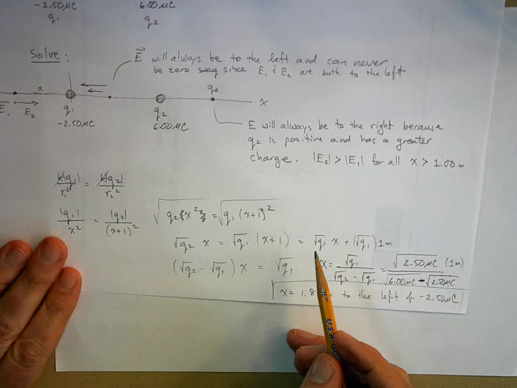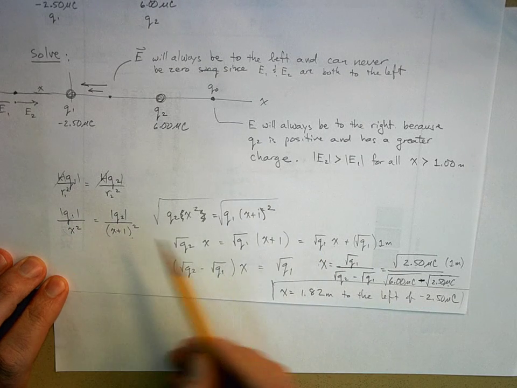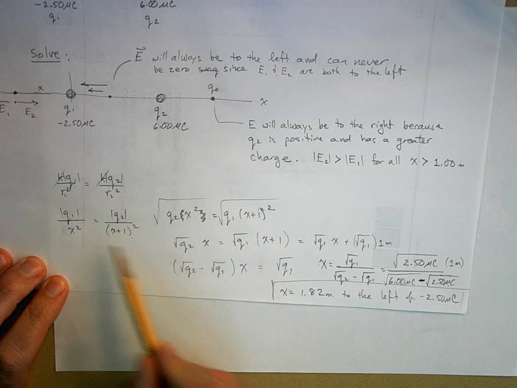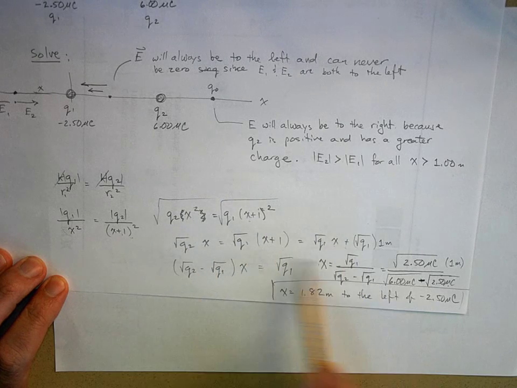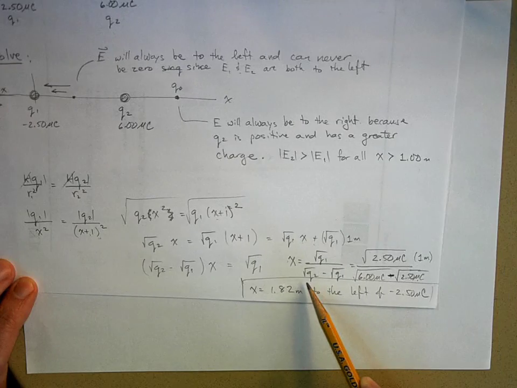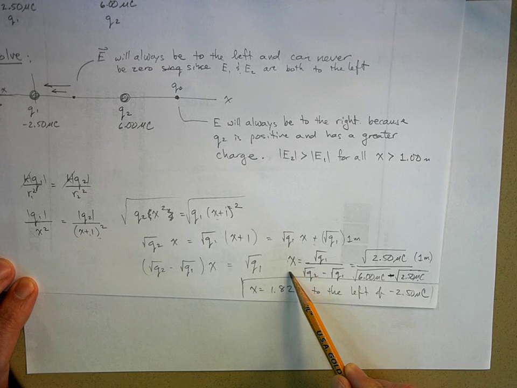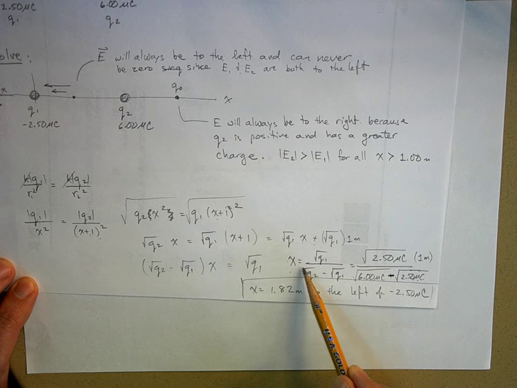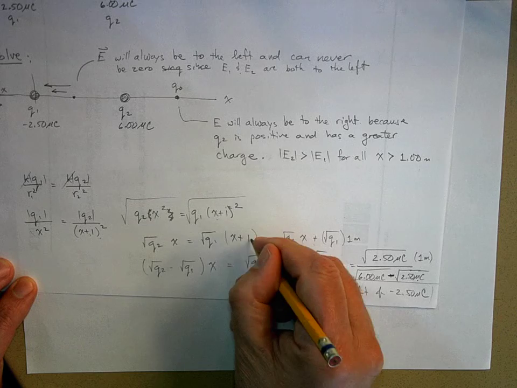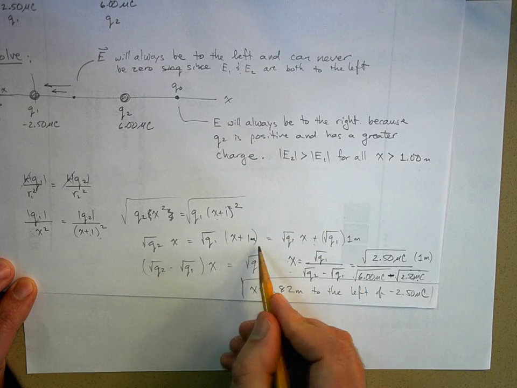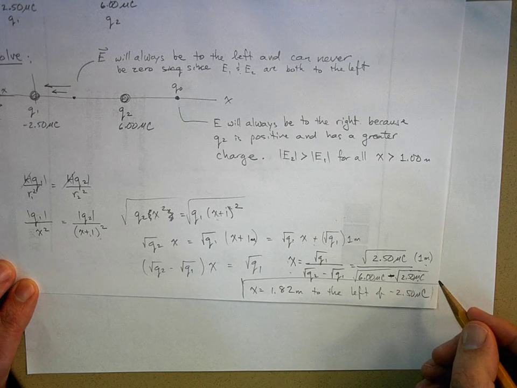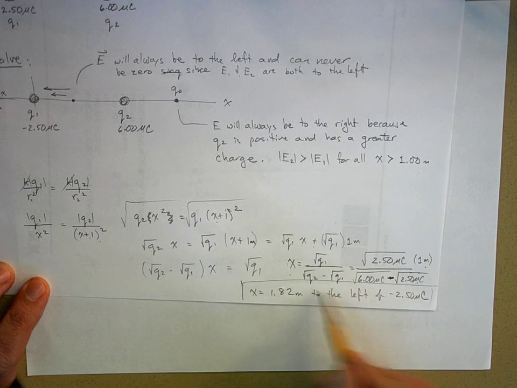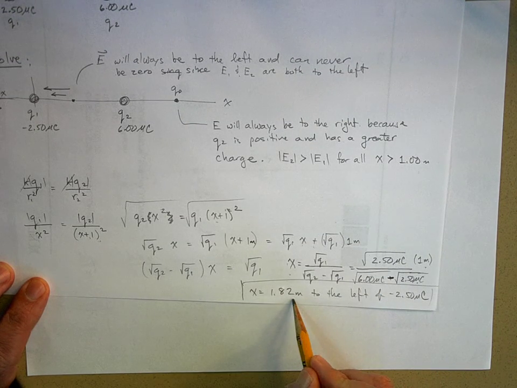I cross multiplied, then I took the square root of both sides, and then I solved for x, and in terms of the charges you get this. Now remember, the 1 meter is in here. Otherwise, you won't get a meter for an answer. You plug the charges in, and you get 1.82 meters. So x equals 1.82 meters.